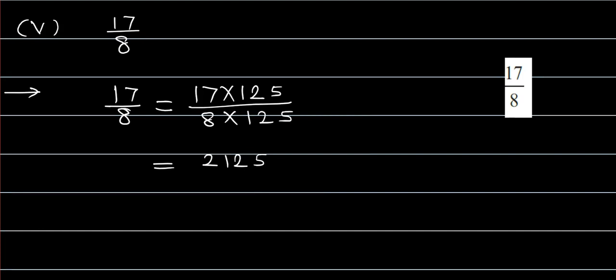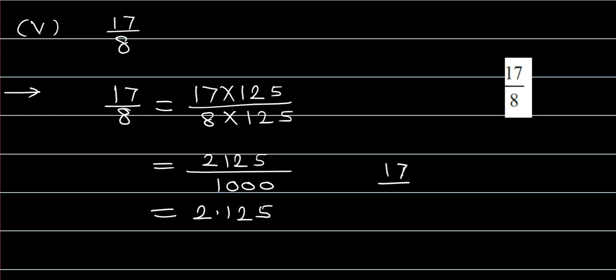Then it is 2125 upon 1000. Therefore the answer is 2.125. Hence 17 upon 8 is equal to 2.125.